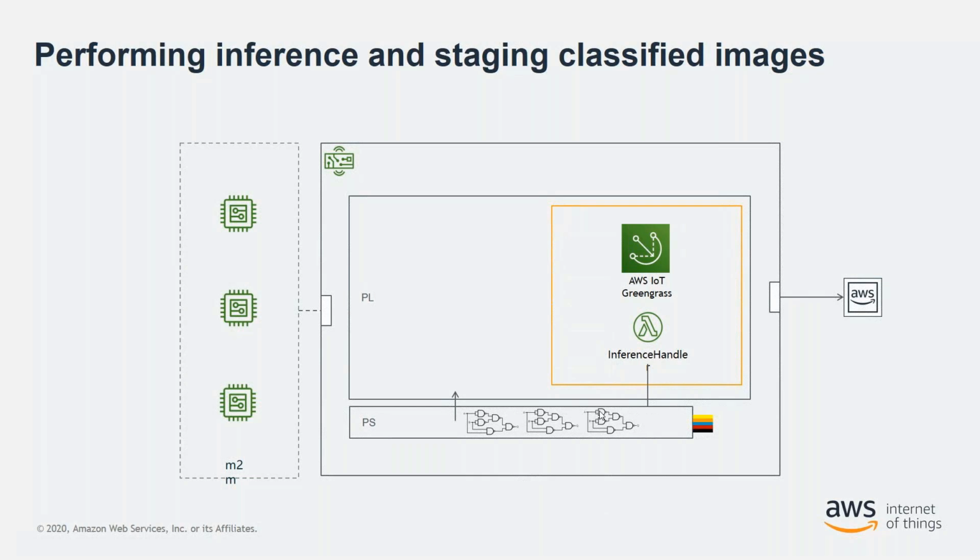Those logic gates at the bottom actually represent the FPGA bit stream that we applied. That actually represents the machine learning model that we developed and built and compiled and transferred down to the edge to actually do the inference work.